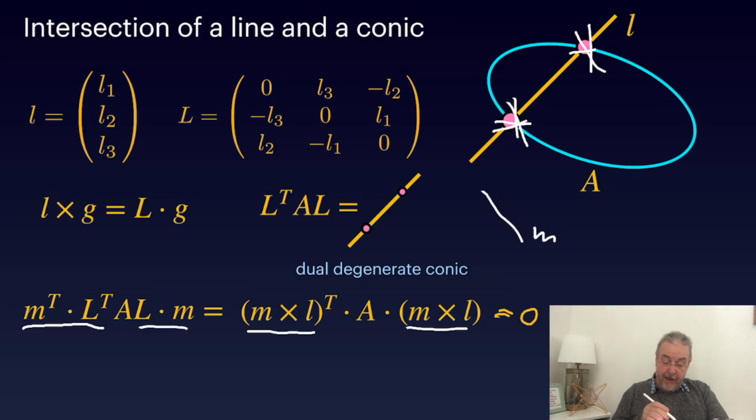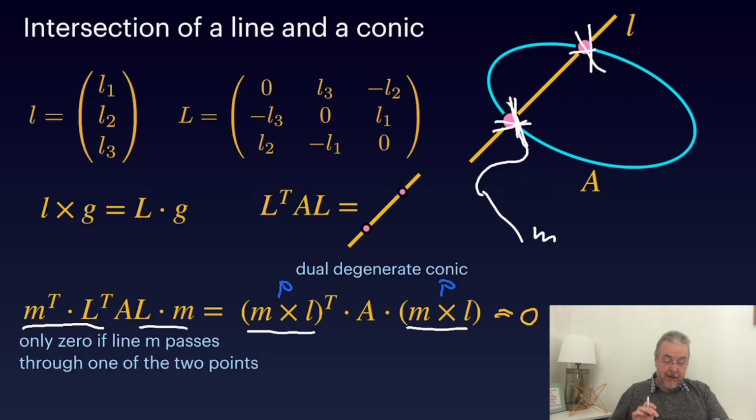It can only become 0 if this here considered as a point and this here considered as a point is on our conic, which means that our line M that we have here will really have to pass through our point here. And so this only becomes 0 if M passes through one of the 2 points.